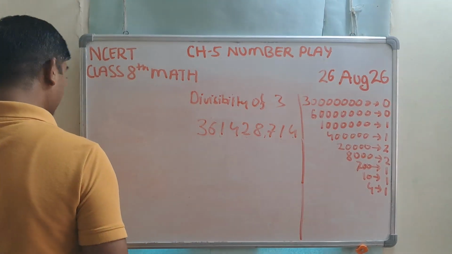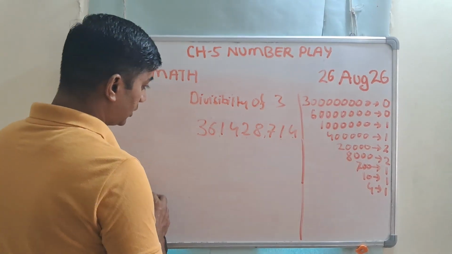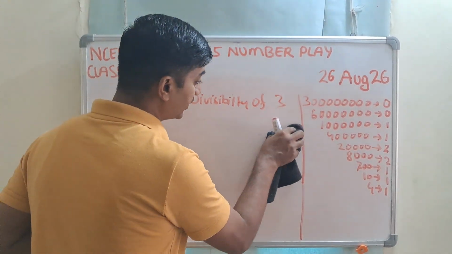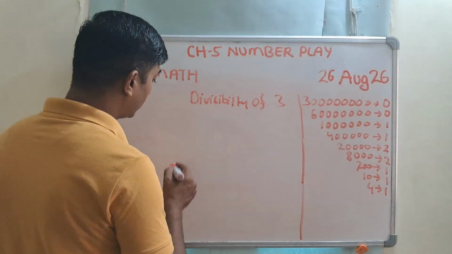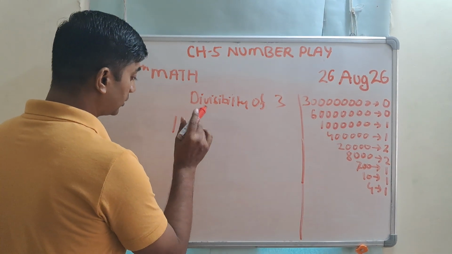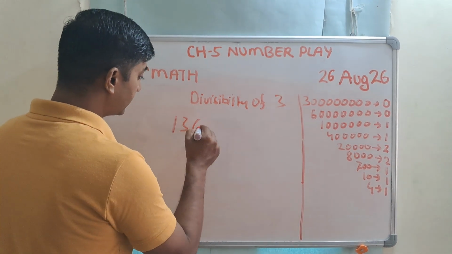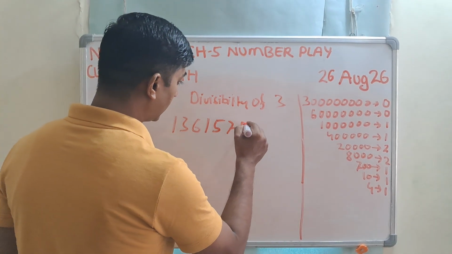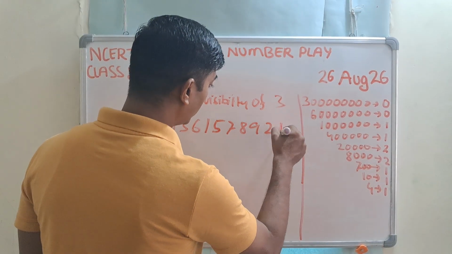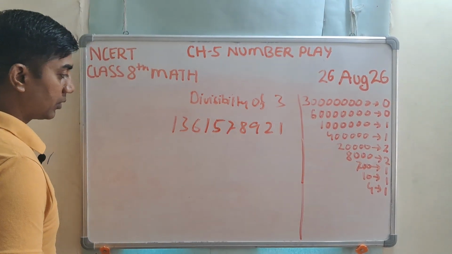So we have taken this number. Now we will check one or two numbers randomly, then we will say whether they are divisible by 3 or not, understood? Suppose we have written 1 3 6 5 1 5 7 8 9 2 1. Now this is the number. How will we check?